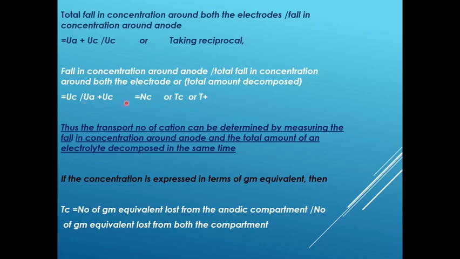This is the transport number of cation. इसको हम लोग NC से भी रिप्रेजेंट कर सकते हैं या T पॉजिटिव से भी रिप्रेजेंट कर सकते हैं. So thus the transport number of cation can be determined by measuring the fall in concentration around anode and the total amount of electrolyte decomposed in the same time.